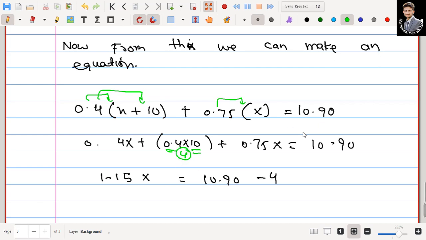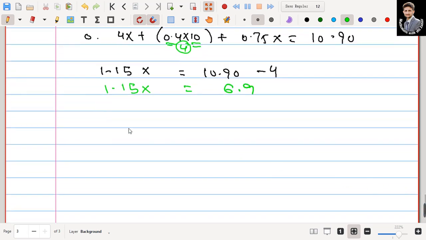So I subtract 4 from both sides, and this is 1.15x equal to 6.9. From here, I have to divide both sides by 1.15. So 6.9 divided by 1.15, from here x is equal to 6. X is my total number of pens.